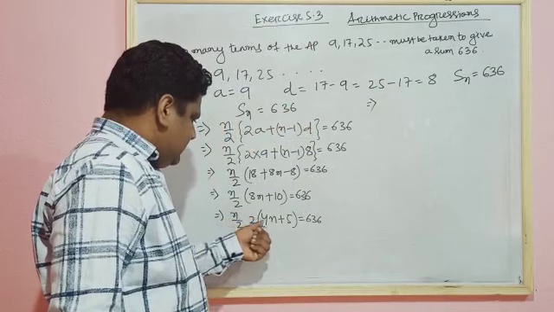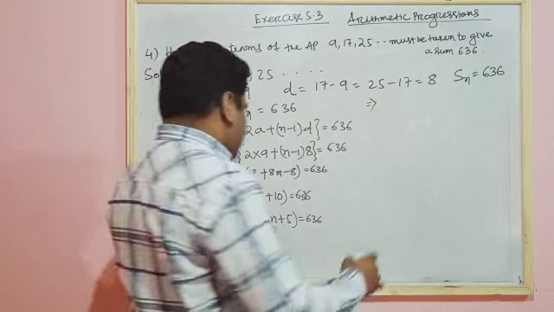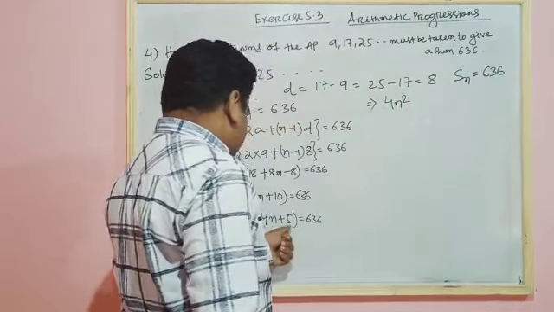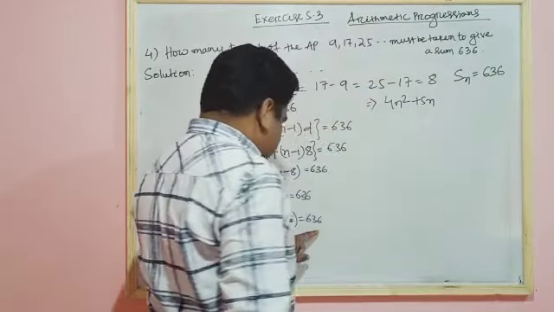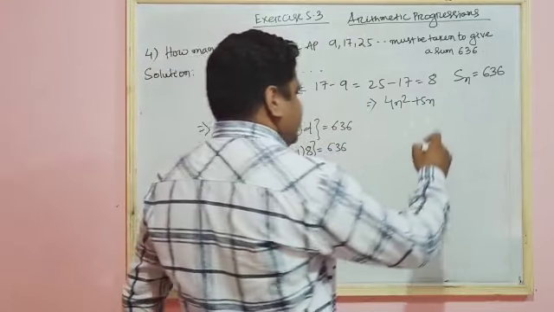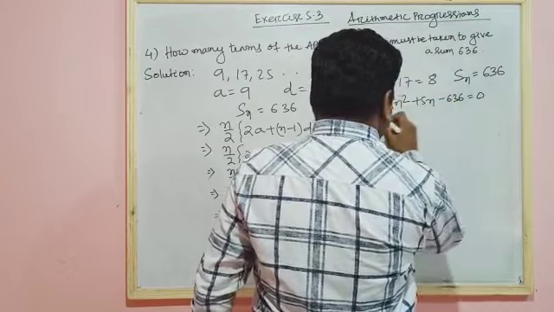It is n into (4n plus 5). n into 4n is 4n square. n into 5 is 5n. And when 636 moves to LHS, it will be negative. Minus 636 equal to 0.